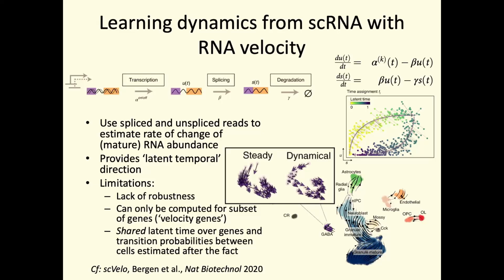And it says, well, maybe there's something about time's arrow in just looking at it: in order to turn on a gene, first you turn it on and you'll see some unspliced reads because you'll have a transcript which hasn't been fully spliced and it's not mature. And then later on, you'll have more mature transcripts.